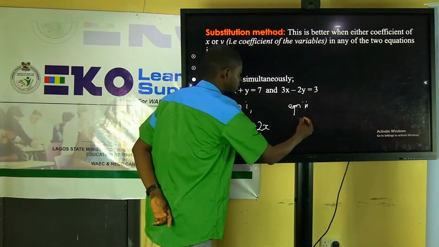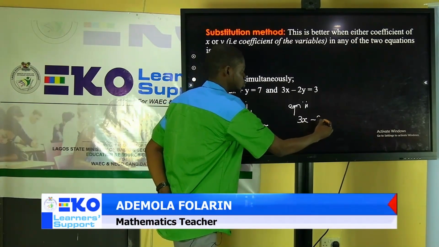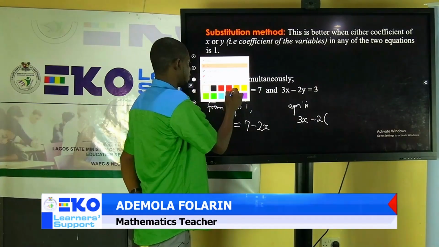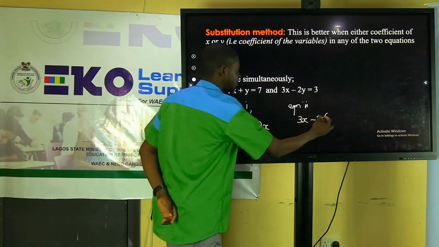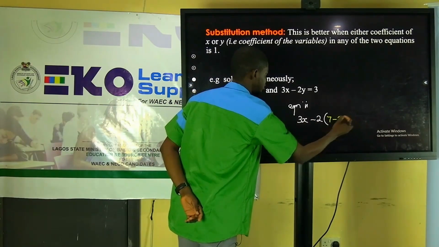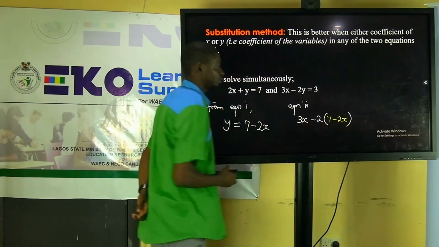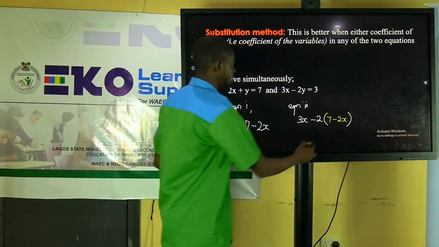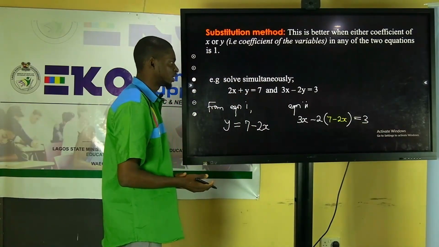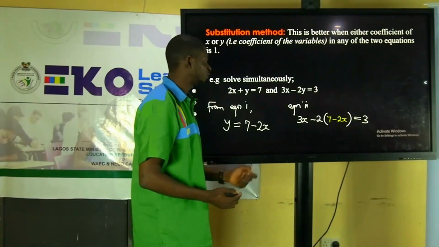It becomes 3x minus 2 (remember, we are bringing in something new, which is our y, 7 minus 2x) equals 3. This is what we are bringing on board now. Then we know what to do: open the bracket and solve for the value of x.